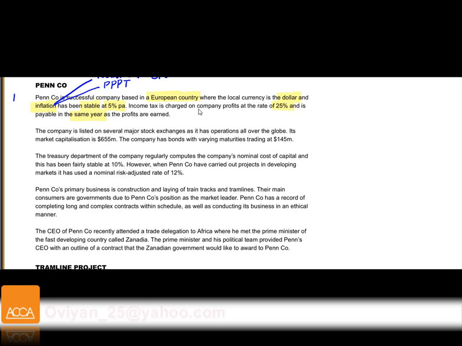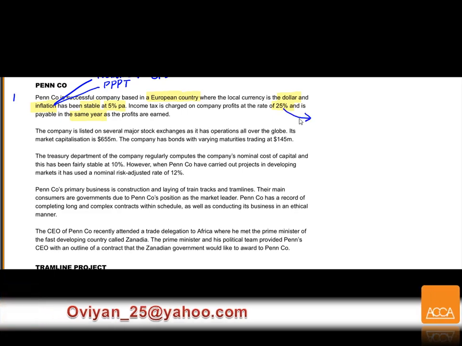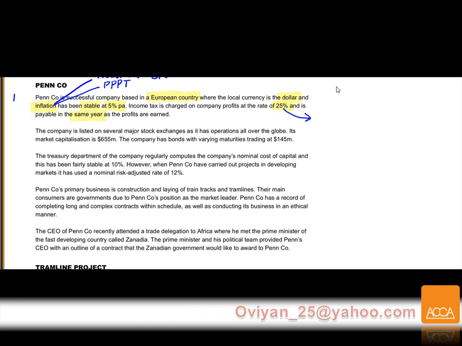Now income tax, here they're giving us 25%. 25% is for you to see if there's any tax payable locally when you come back home. Usually you pay tax in the foreign country, then you come back home, you're subject to local tax.